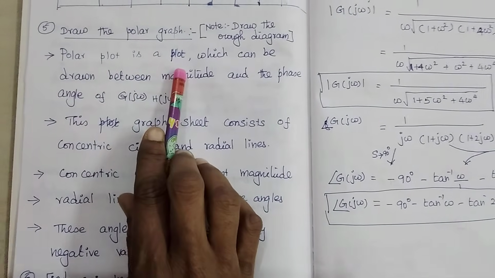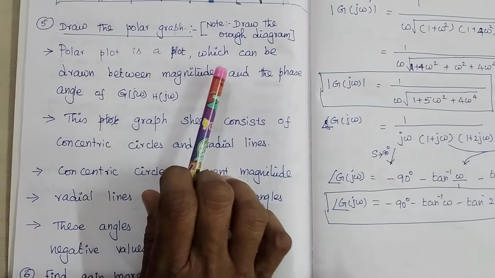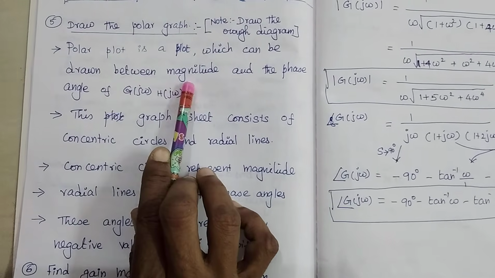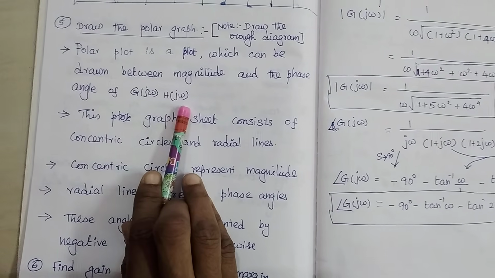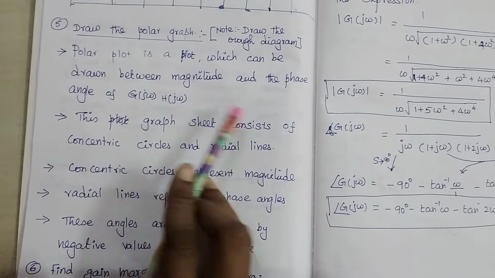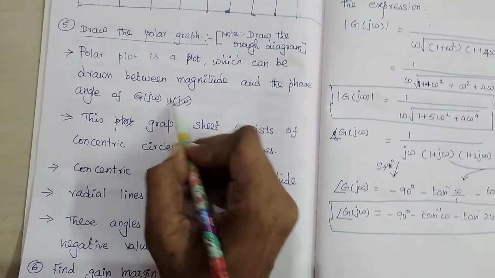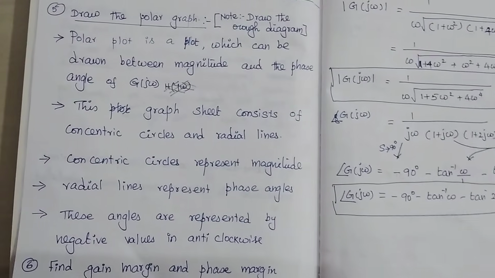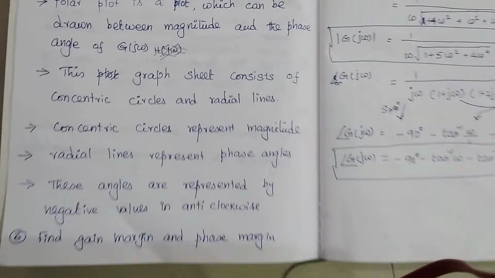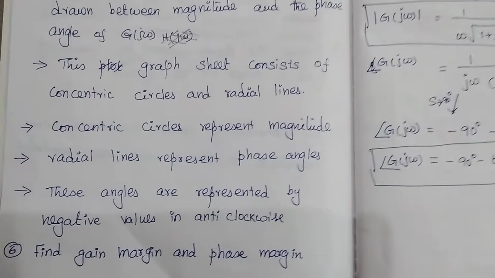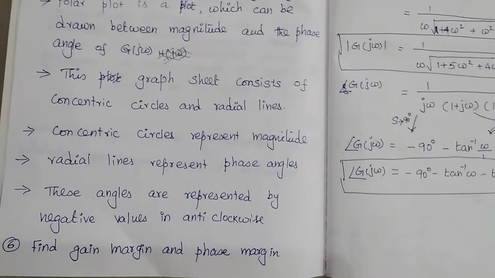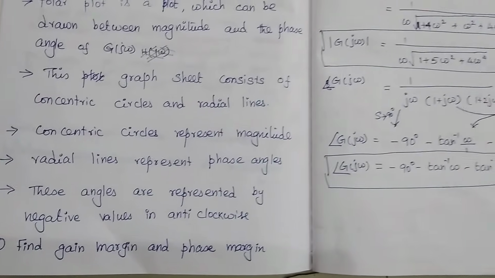A polar plot is a plot drawn between the magnitude and phase of the given G(j omega) open loop transfer function, not H. And this graph sheet consists of concentric circles and radial lines like this.